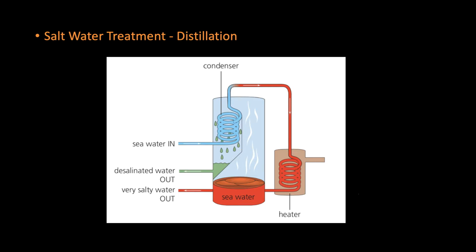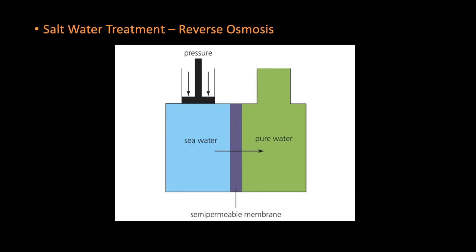So that's distillation. Now, the other method is reverse osmosis, and it's called as such because it is pretty much the exact opposite of osmosis. In osmosis, and this is really biology, water would move from a high water potential to a low water potential, so from pure water into seawater like that. Instead, we use a semi-permeable membrane just like before, but we mechanically force the opposite to be true by applying energy.